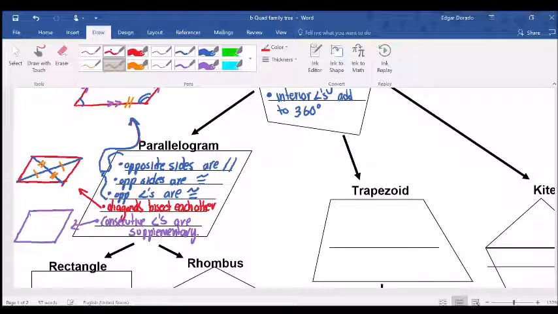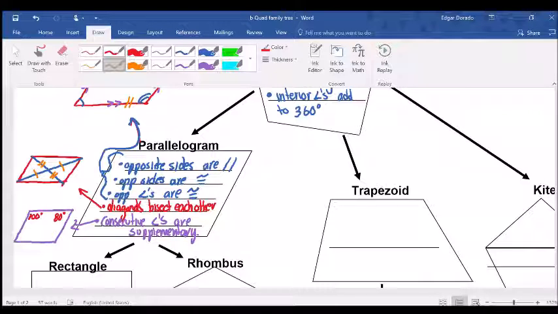That means, for example, this is 100 degrees. Okay, well, a consecutive angle means just one that's next to it, right after that. So for example, this one here is a consecutive angle, and it has to be 80. The reason why it has to be 80 is because all consecutive angles in a parallelogram are supplementary, okay?